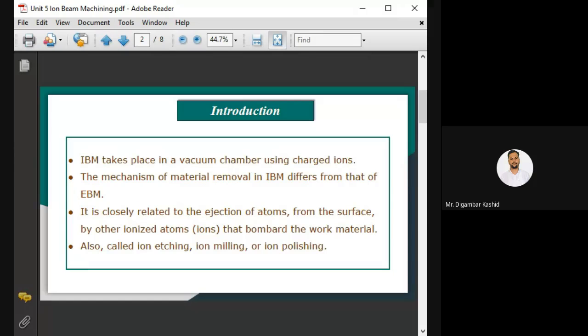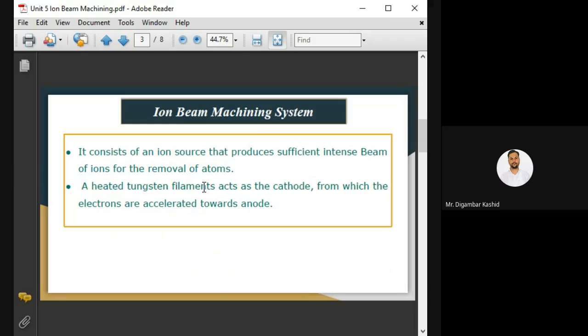Now, what is the machining system? Actually, how metal is removed using this process, that we will see. This IBM system, that is ion beam machining system, consists of the ion source.